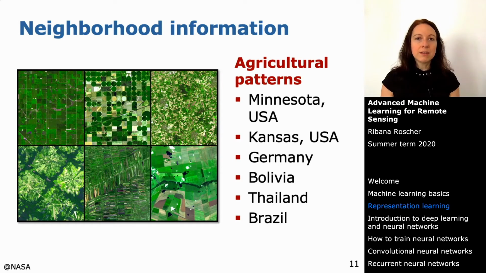And another interesting feature is texture. And here you can see a nice example from different agricultural fields from all over the world. For example, Minnesota, Kansas, Germany, Bolivia, Thailand, Brazil. So starting in the top left corner, and then you go through it. You can see these patterns belong to these countries.